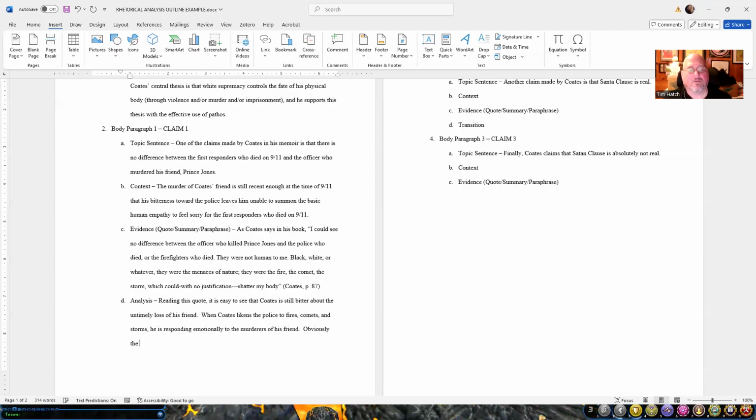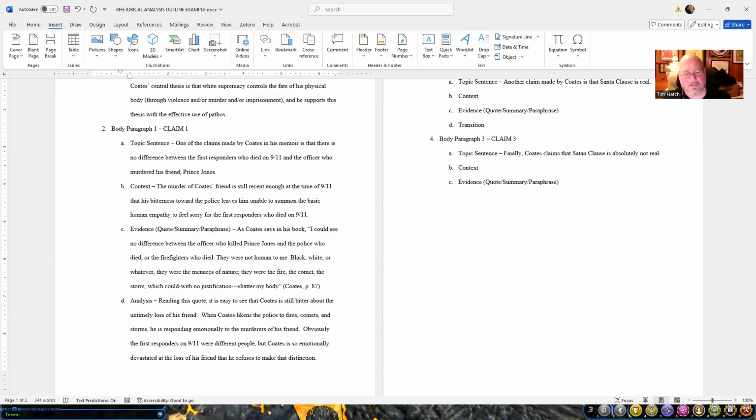Obviously, the first responders on 9/11 were different people, but Coates is so emotionally devastated at the loss of his friend that he refuses to make that distinction. Thinking off the top of my head here, sorry.